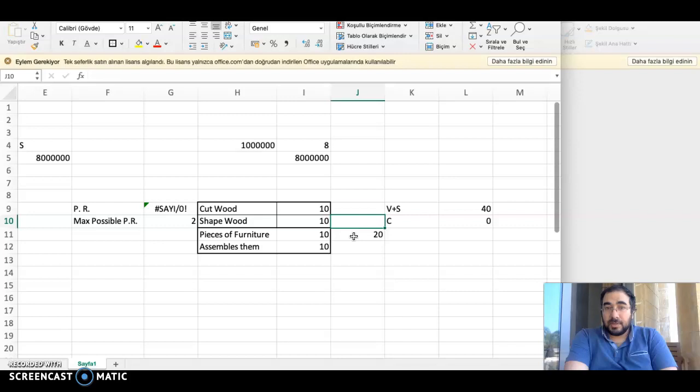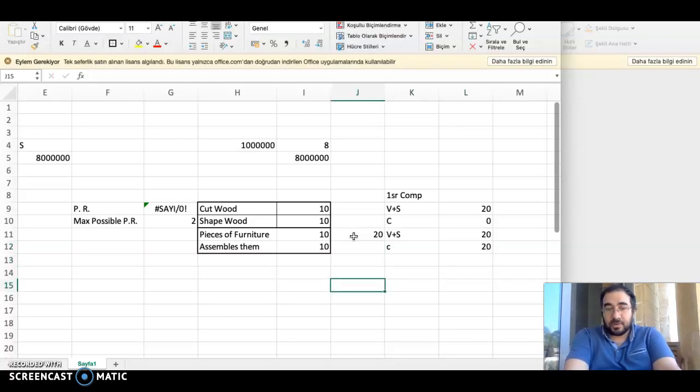So in the economy now, for the first company V plus S will be 20 and C will be 0. For the second company, however, C will be 20.